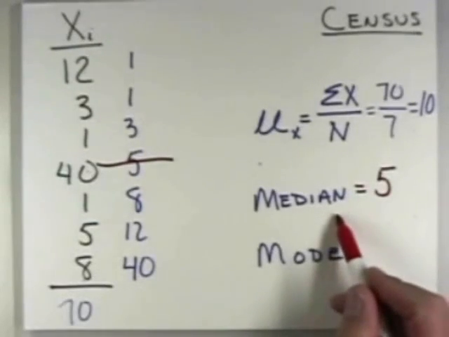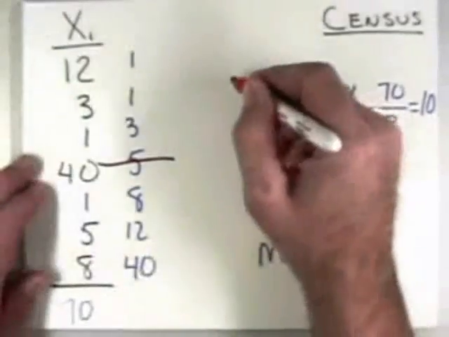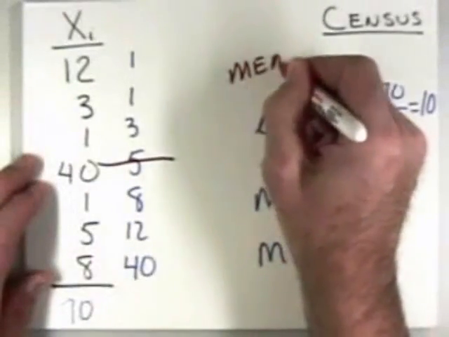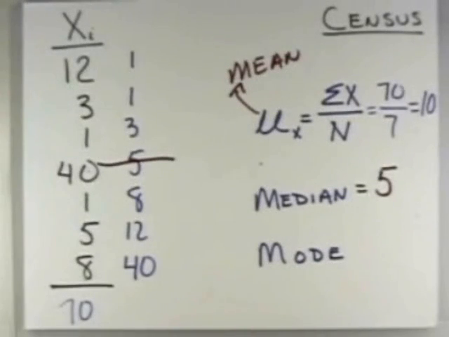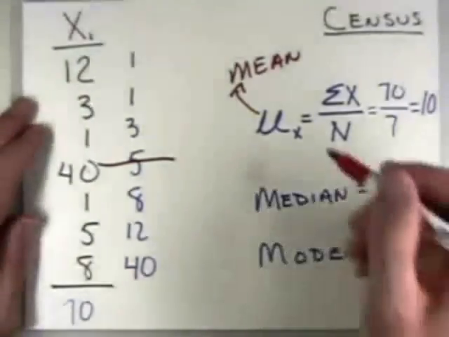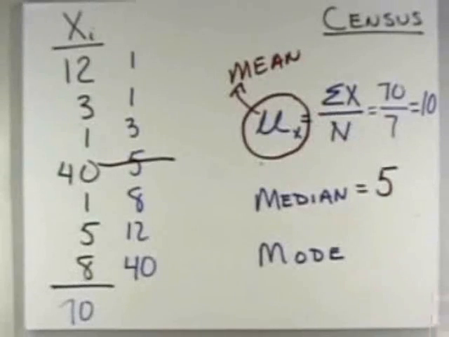Now notice that I don't have a special symbol as I did here for the true average. The Greek letter mu, which would correspond to the mean, stands for the true average. When we have a census, in statistics, we will always use Greek letters.